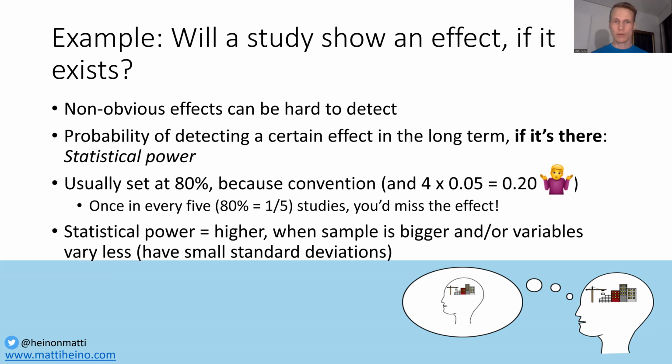The statistical power, so the probability to detect an effect, is higher when the sample is bigger, or when the variables have less variance, so that people are very similar in terms of the things that you study, for example.